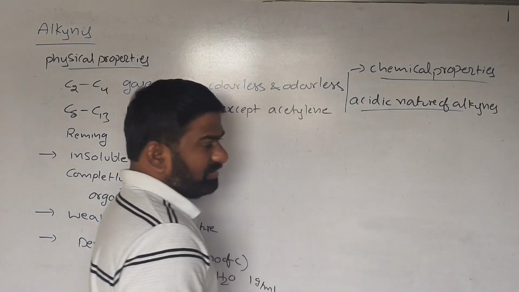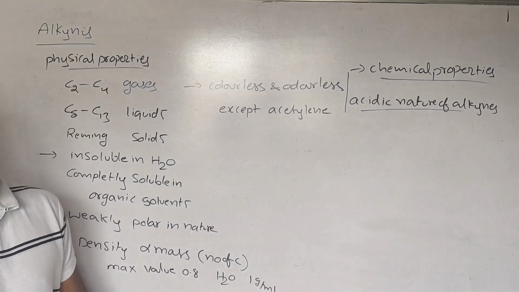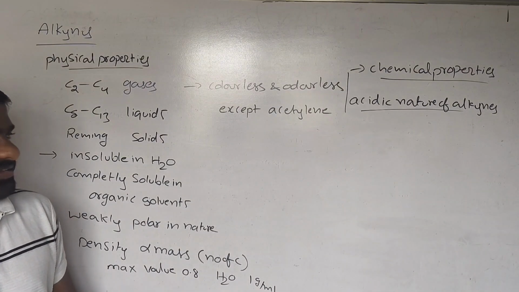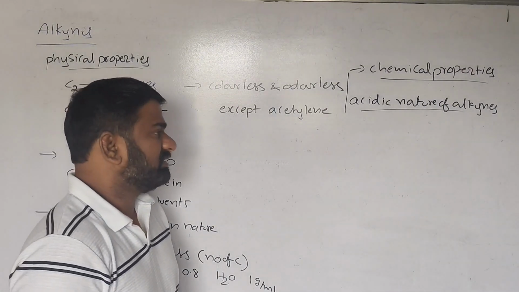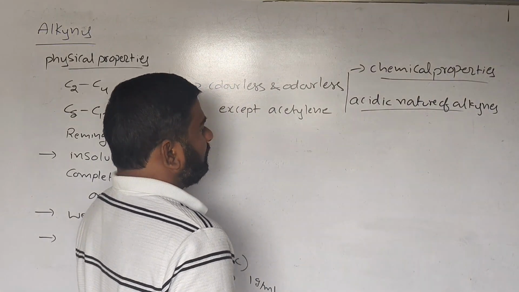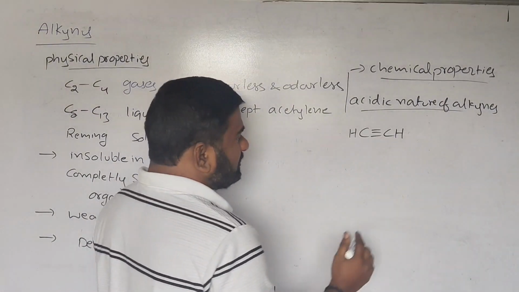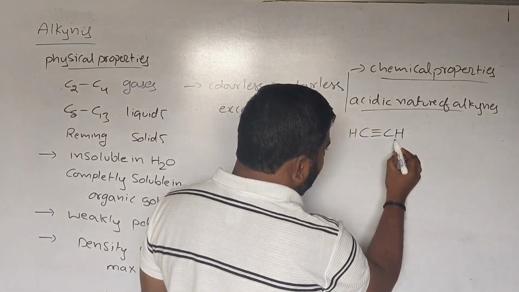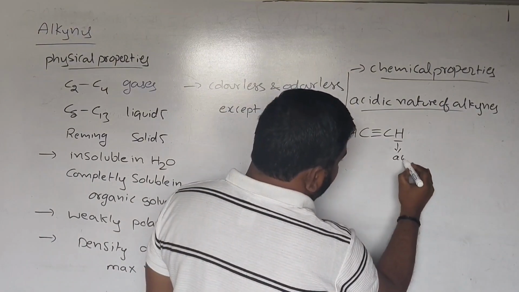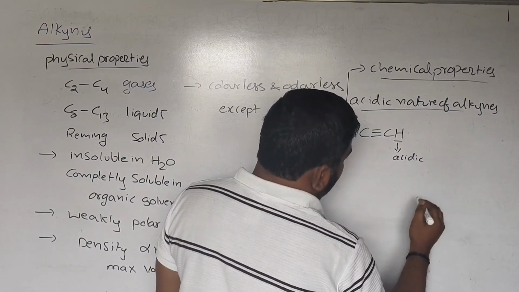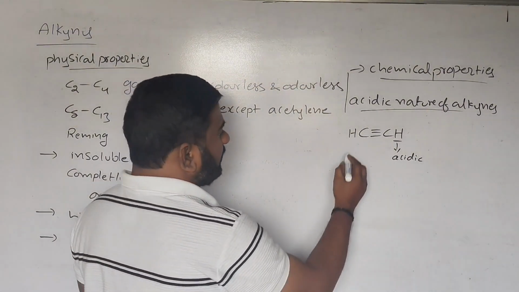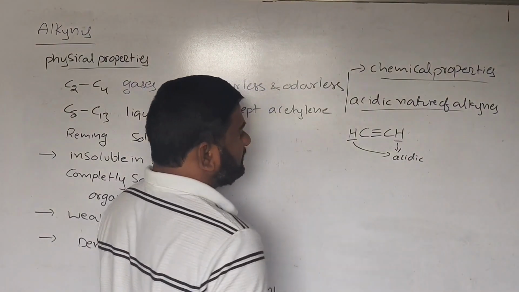Alkynes are not strong acids; they are very weak acids, even weaker than water. In alkynes, the hydrogen attached to the triple bonded carbon is the acidic hydrogen.